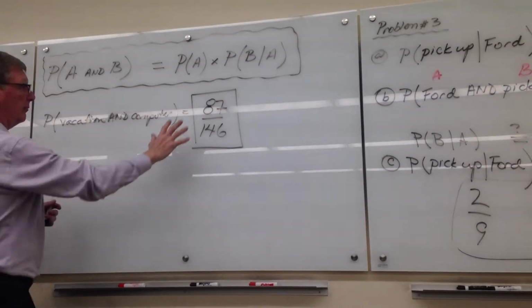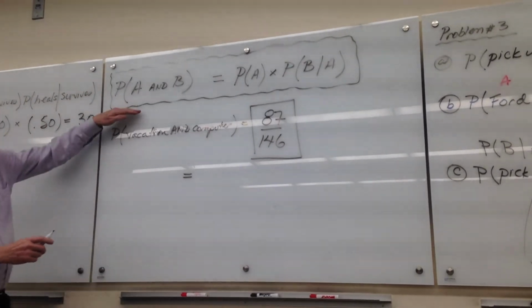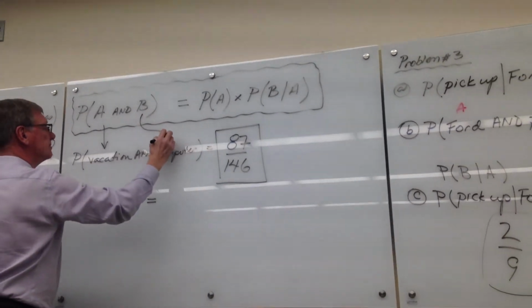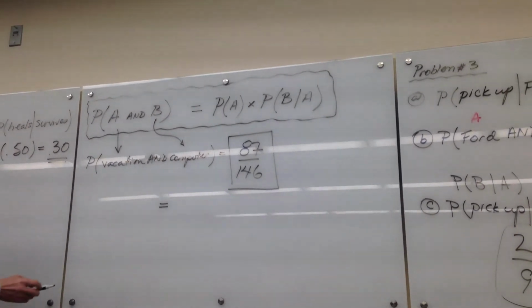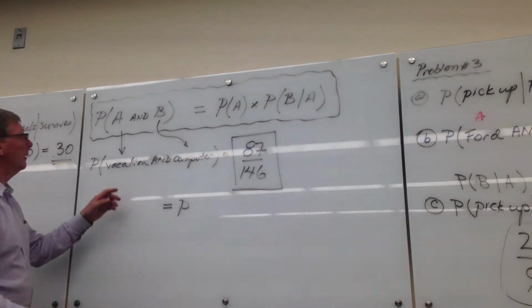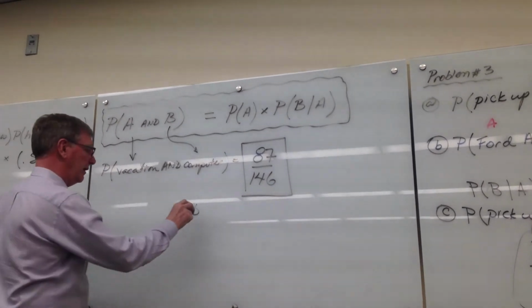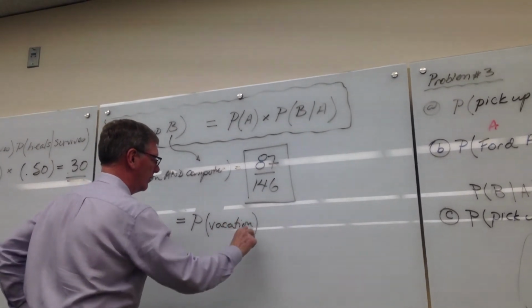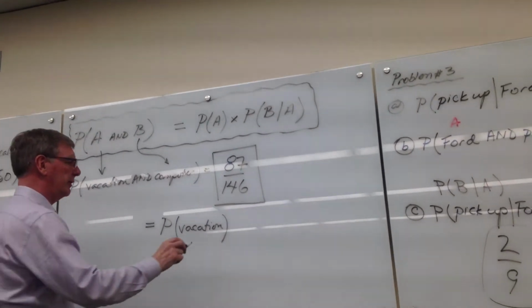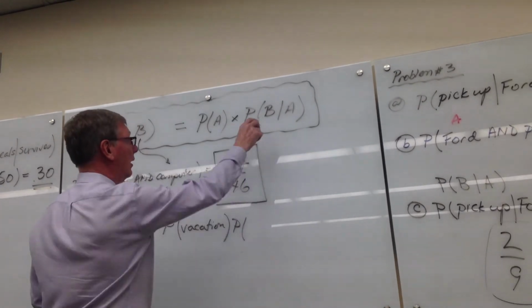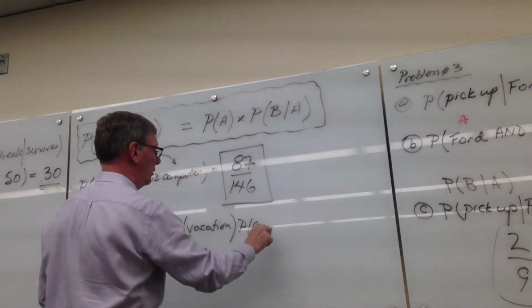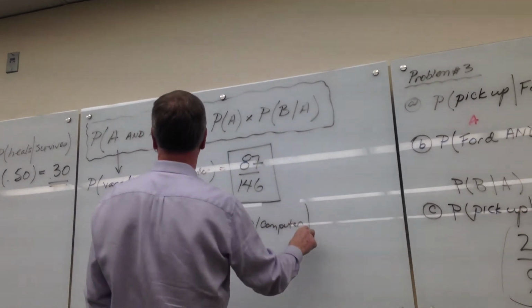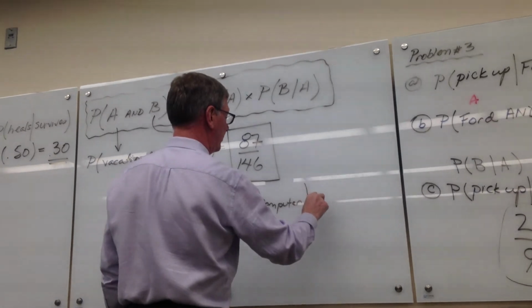If I didn't know that, I could say, what's the probability of A, which is vacation, times the probability of computer given vacation.